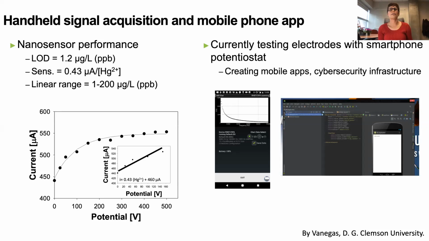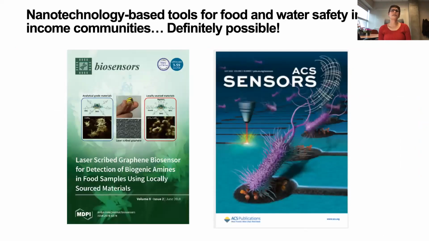And she got this published recently, and here's just showing that she did a comparative work using locally resourced materials. In analytical grade, she was able to build these sensors and allow them to be used in low resource environments. This other paper here is using a similar technique, laser-inscribed graphene, for detection of pathogens, in this case, Salmonella.